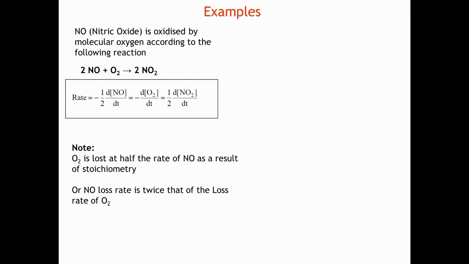And so therefore, if you've got 20 ppb per second of NO consumed, you've only got 10 ppb per second of O2 consumed. And you'll form 20 ppb of NO2. It's quite clear, yeah? It's fairly straightforward. So NO loss is twice the loss rate of oxygen.